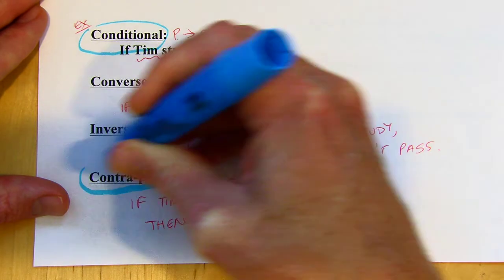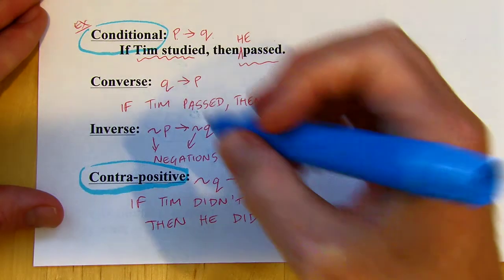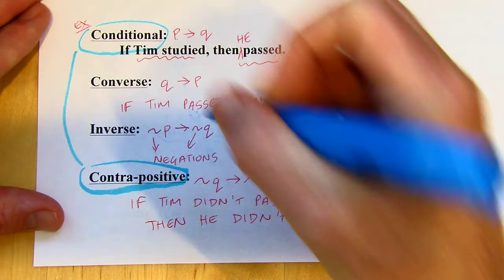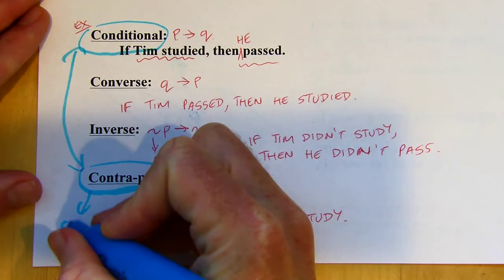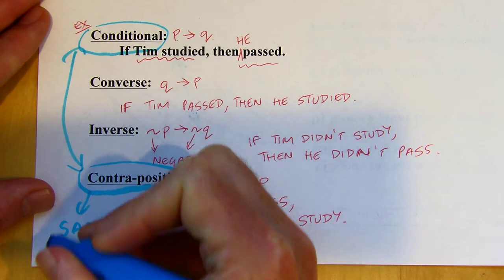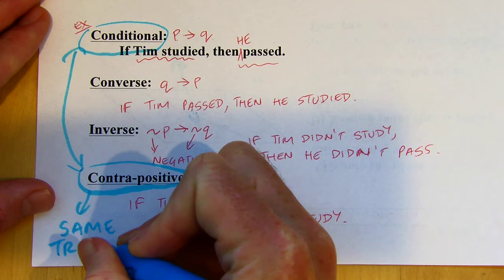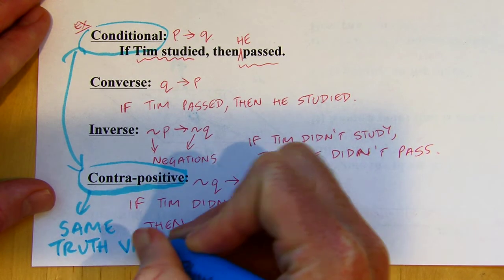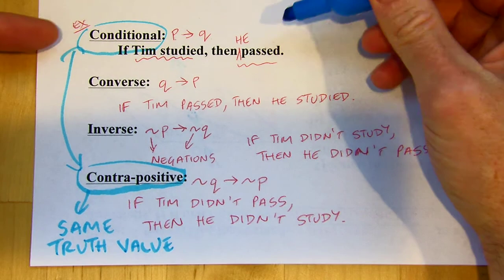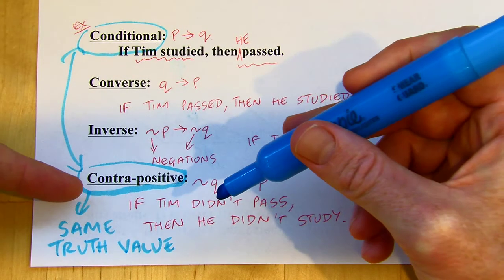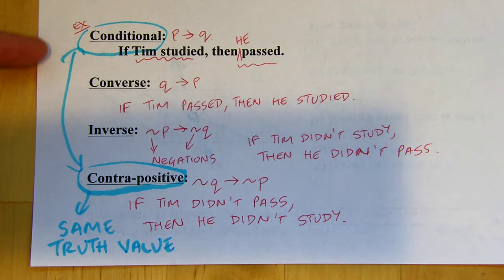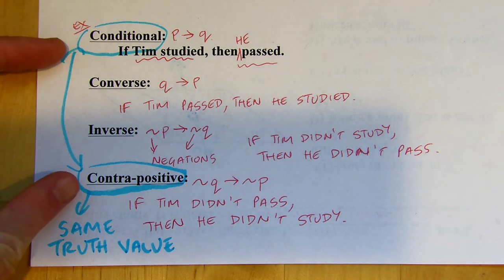These two always have the same truth value. I don't know if that's true or false, but if this is true, then the contrapositive is going to be true. If this is false, the contrapositive is going to be false. You're not going to get a mix. They're either both going to be true or both going to be false.